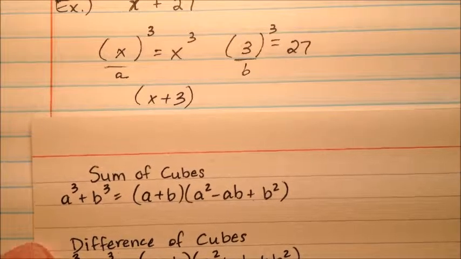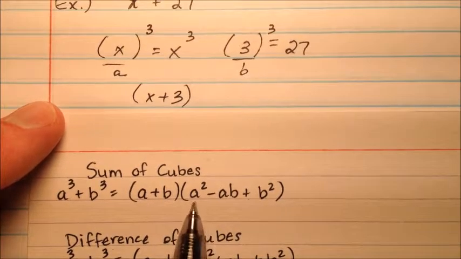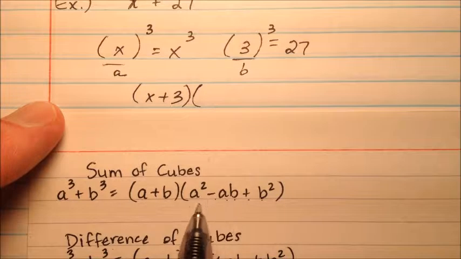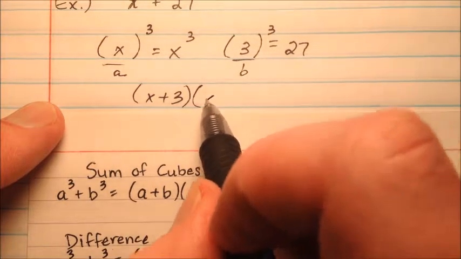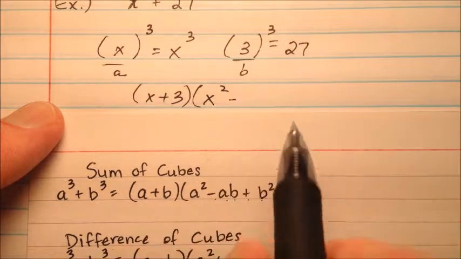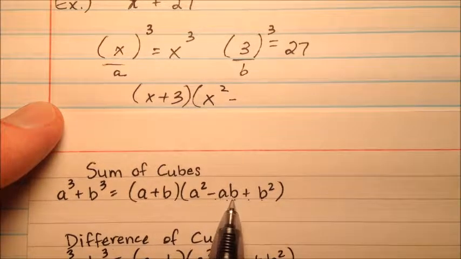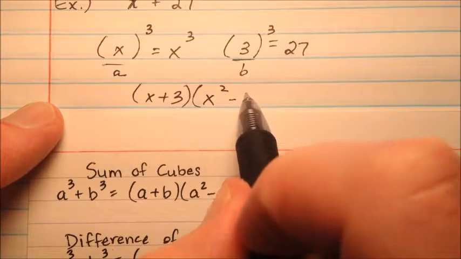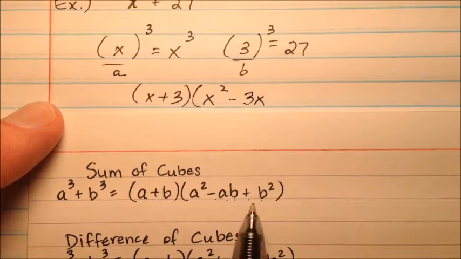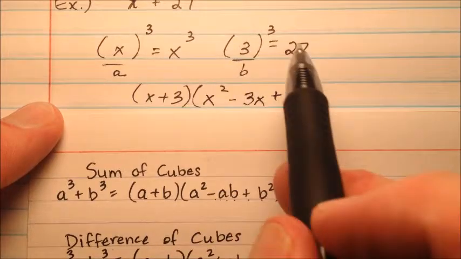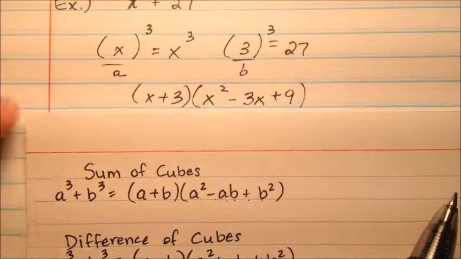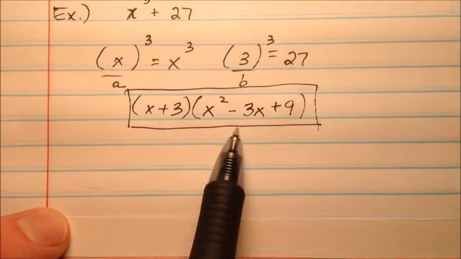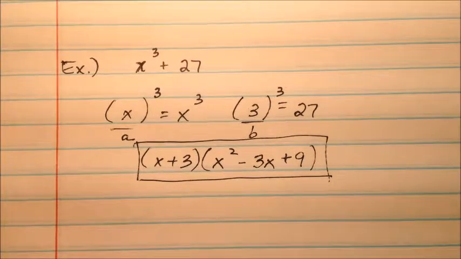Then we have a squared minus ab plus b squared as the second quantity. a squared is just x squared, and then I have minus a times b, so I multiply them together: x times 3, but I'll put the coefficient first, so 3x. And then plus b squared. If b is 3, b squared will be 9. So right here is the factored form of x cubed plus 27.